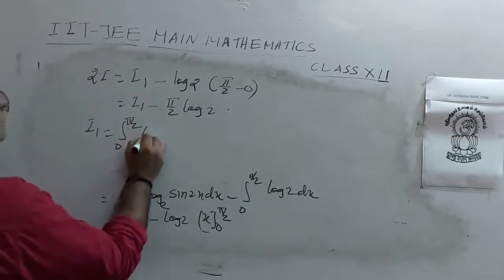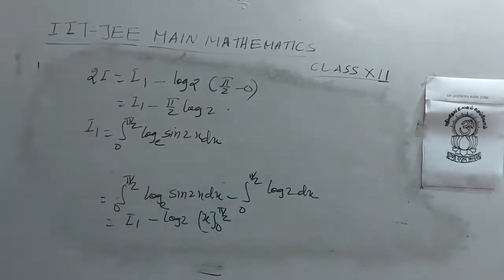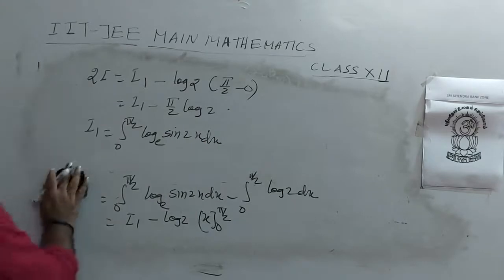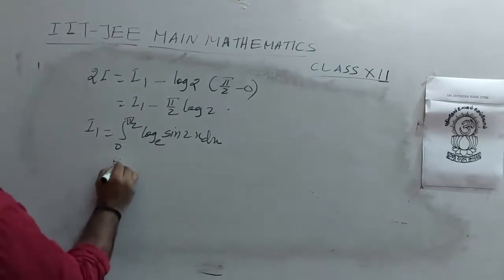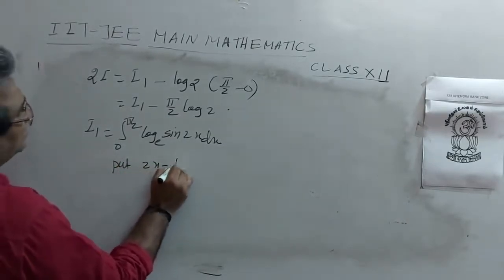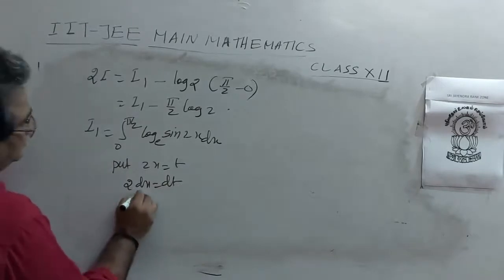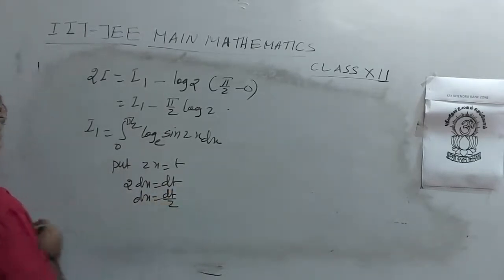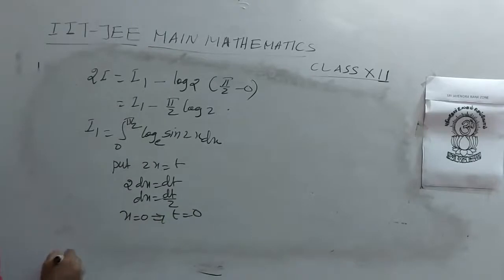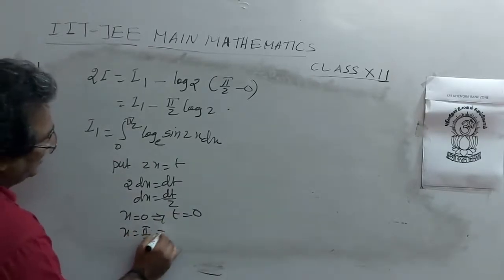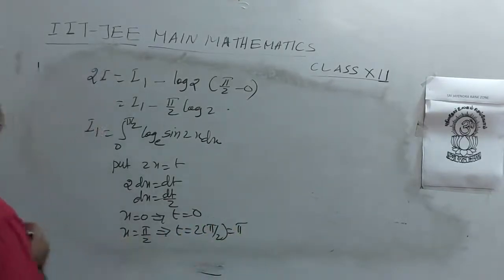Integral 0 to pi by 2 log sin 2x dx. Put 2x equal to t. 2 into dx equals dt, so dx equals dt by 2. x equals 0 implies t equals 0. x equals pi by 2 implies t equals 2 into pi by 2, that is pi.